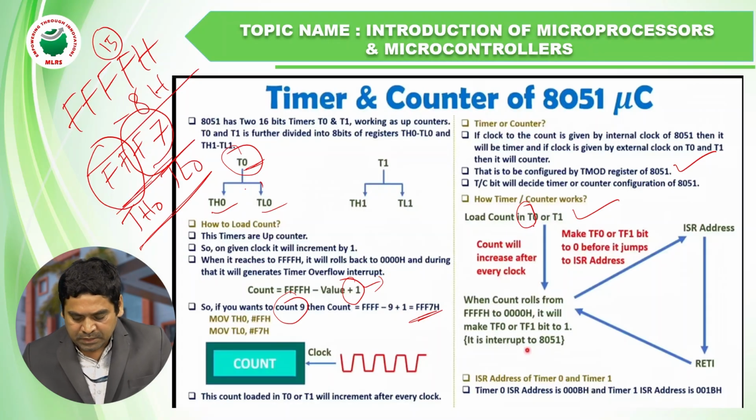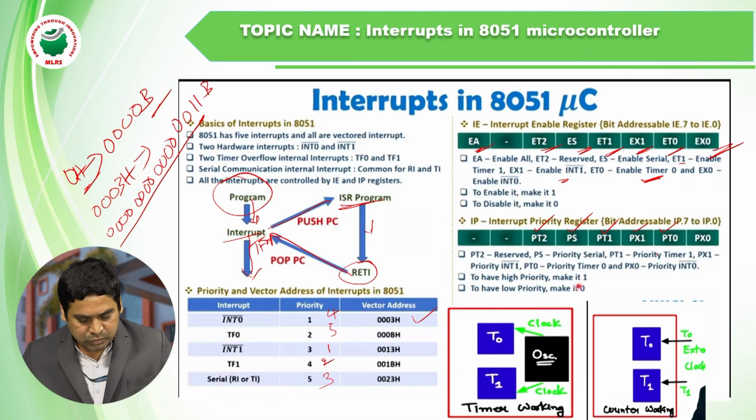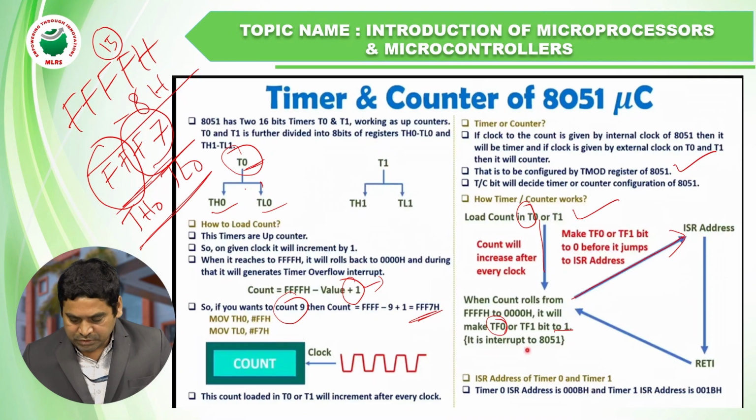For T0, the count increases after every clock. When the count rolls from FFH to 00H, it sets the TF0 interrupt flag to 1, then goes to the ISR address 000BH. It continues the subprogram, then goes back to the main program.